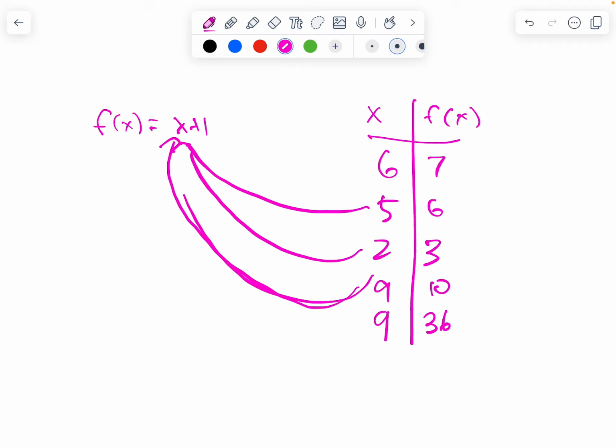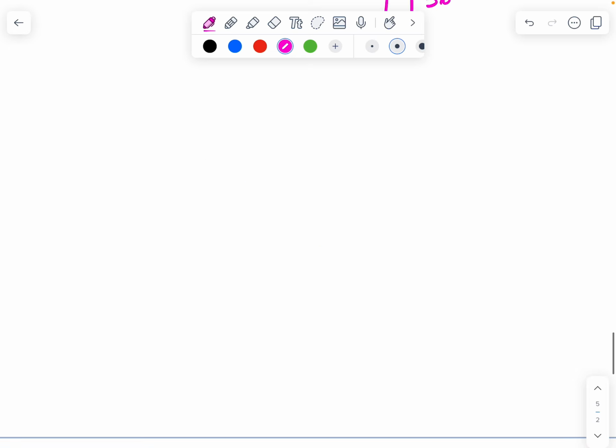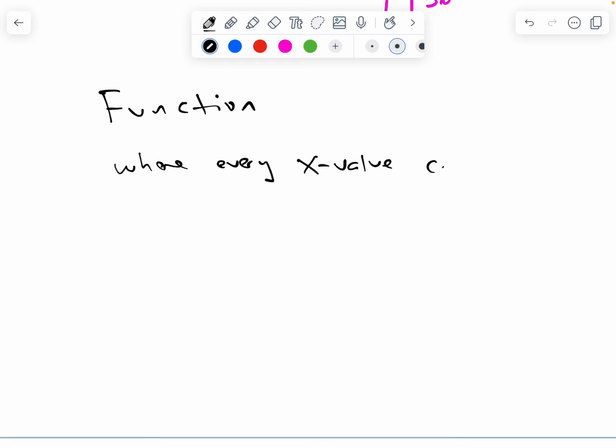In fact, you can't write it as a function where x is here because somehow x is giving you two different y values. So a function is something where, let me write this definition. A function is a rule where every x value can only make a single y value.